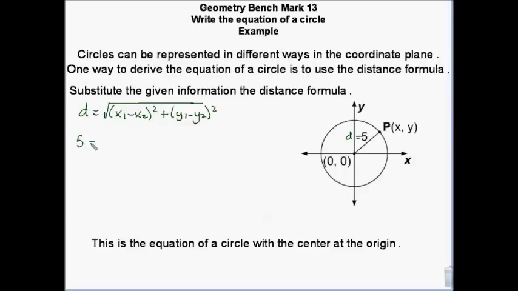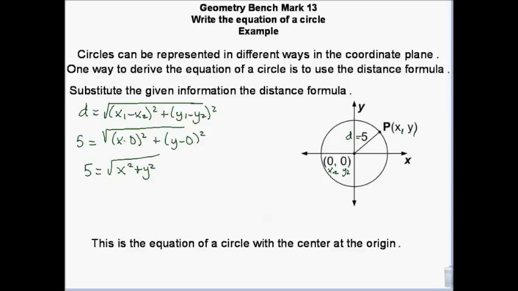So 5 is equal to, and if I call this x1, y1, and x2, y2, I have the square root of x minus 0 squared plus y minus 0 squared. So that gives me the square root of x squared plus y squared.